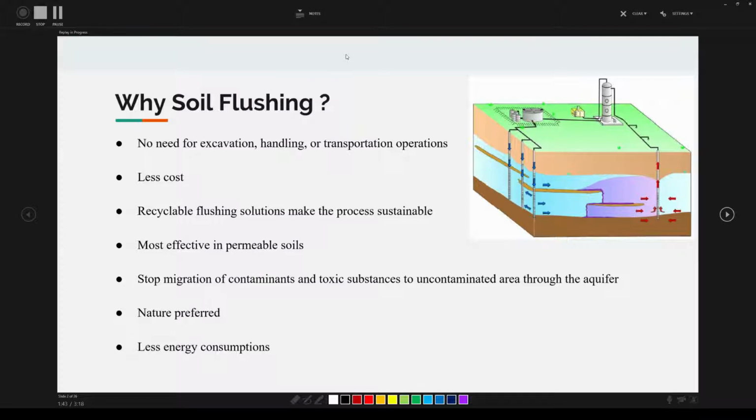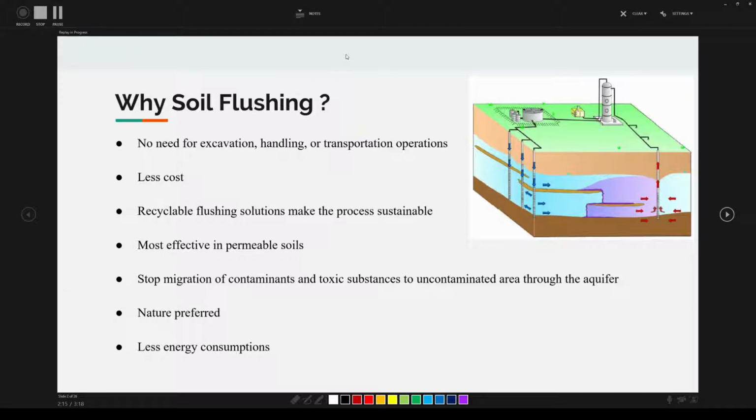It is more sustainable, costs less, and is more environmentally friendly for this operation process. And it is most effective in permeable soils. And the soil flushing can stop migration of contaminants and toxic substances to the uncontaminated area through the aquifer. So that will prevent the dispersion issues that I talked about in the last slides.